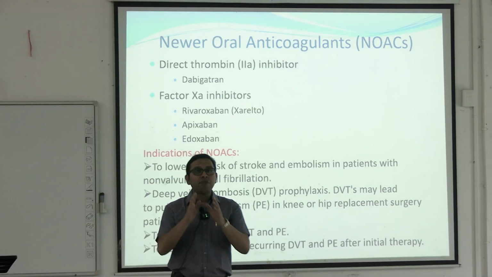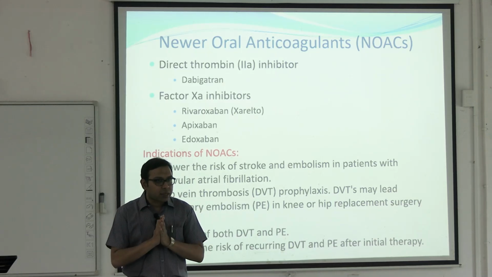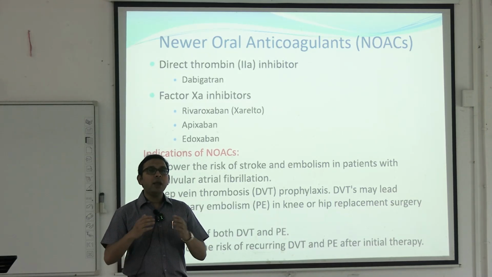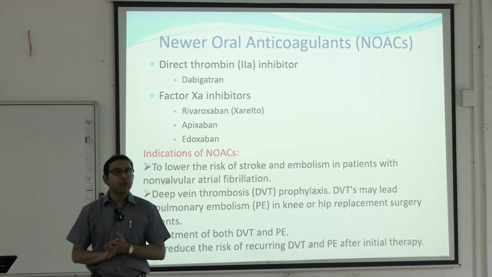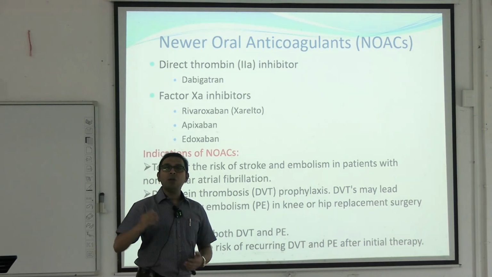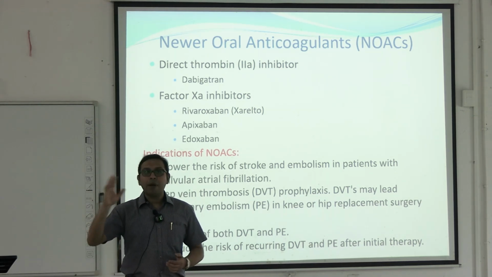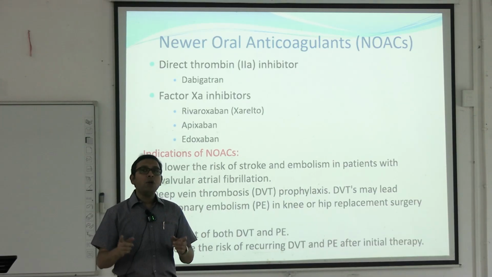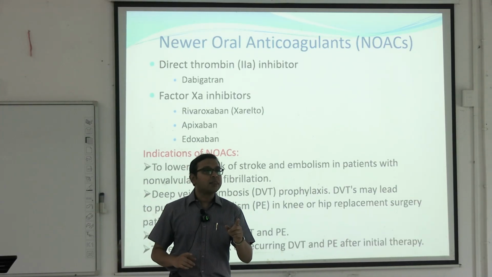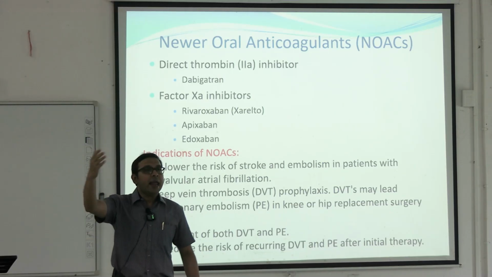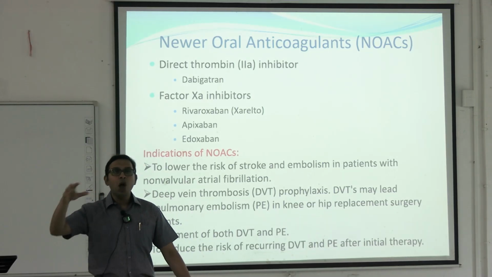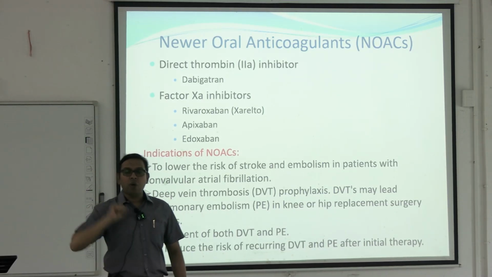This warfarin has a very narrow therapeutic index because it is largely metabolized by the ring oxidation by cytochrome P450-2C9, and it is also largely protein bound, 99% protein bound. So there will be more drug-drug interactions and drug-food interactions. So different drugs can enhance the actions of the warfarin or inhibit the actions of the warfarin.